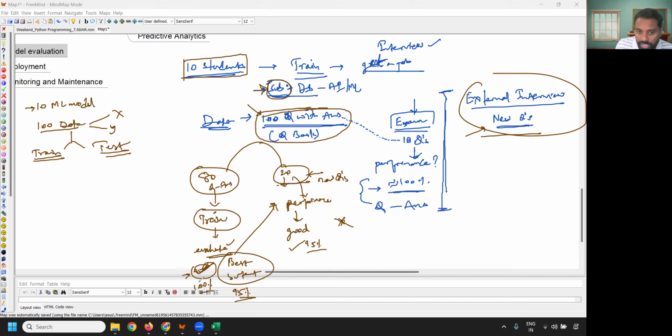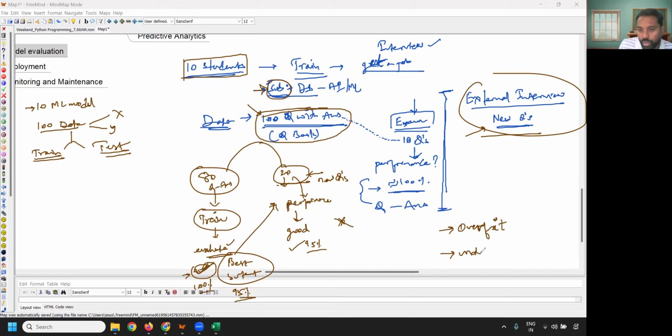Overfit means on the training data set, the student gives very, very good results, right? But when that student is being evaluated on test data, new data, the student fails. That's called overfitting. By-hearting the question-answer pairs so that we get very, very perfect results.